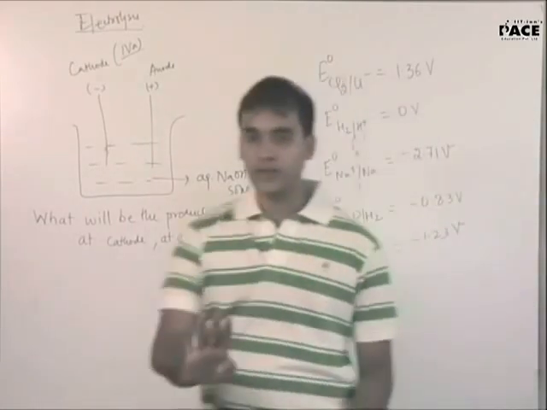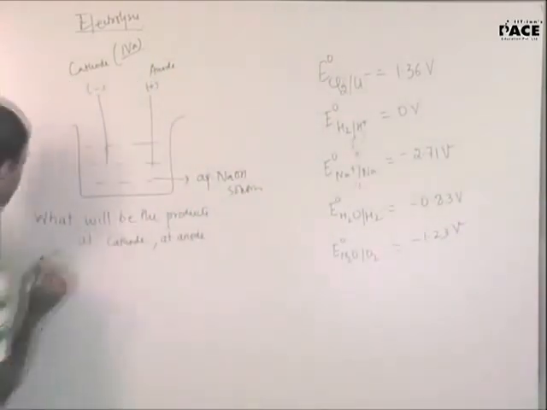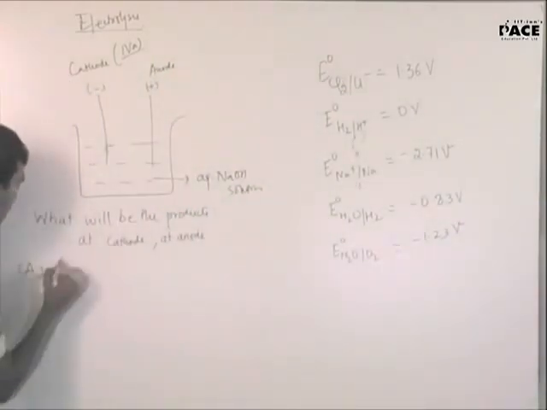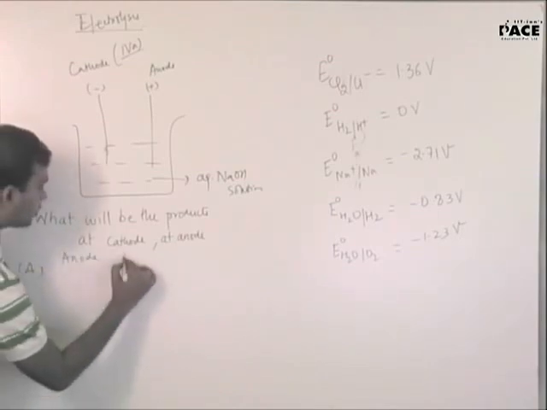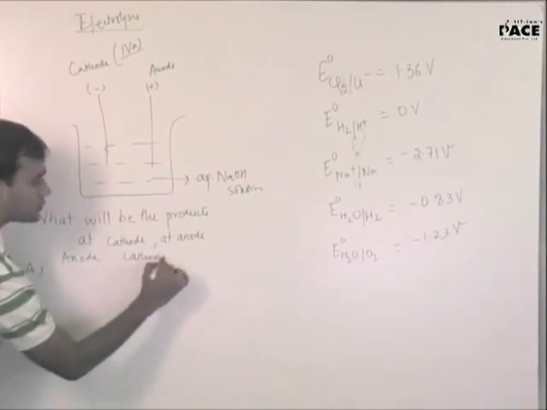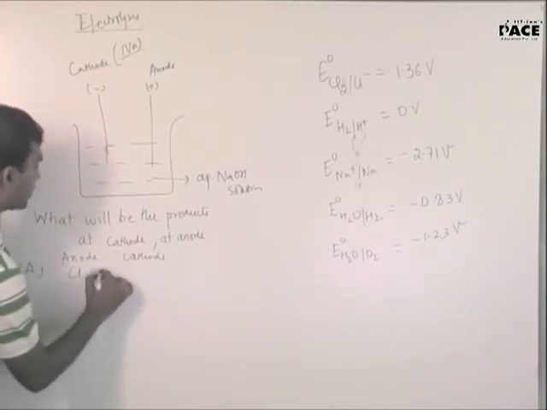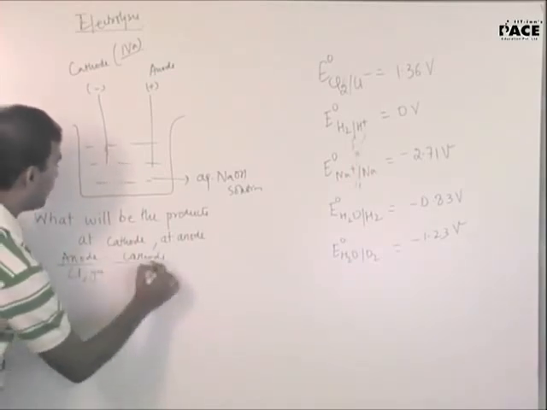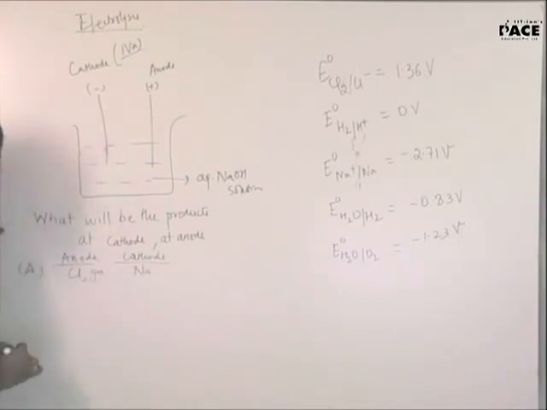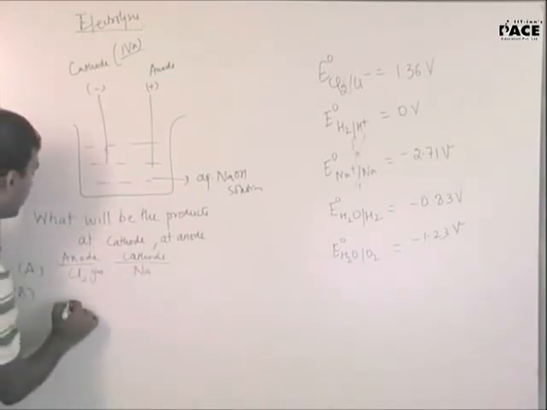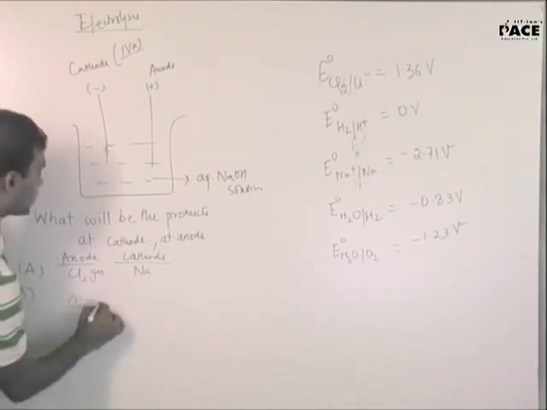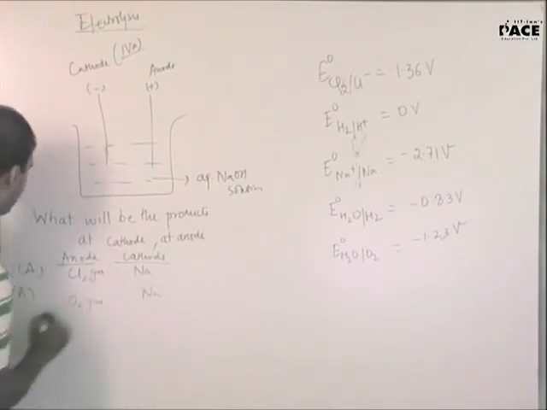I am giving you 4 options. Select which one is right. Option A is writing what will be at anode, what will be at cathode. Option A, at anode I will get chlorine gas. At cathode I will get sodium. Option B, at anode I will get oxygen gas, and I will get sodium.